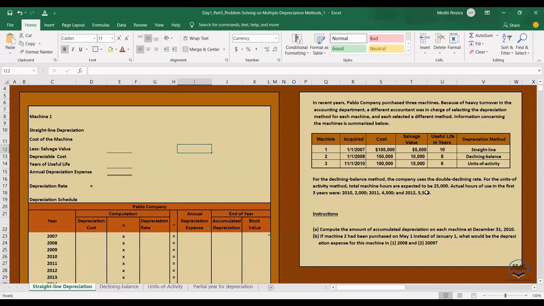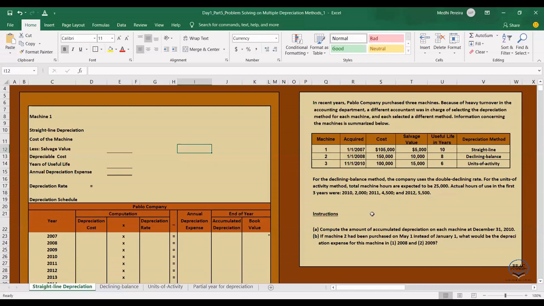So this is the useful life for machine 3, and actual hours of use in the first 3 years since it was purchased in 2010: for 2010, it is 2,000 hours; for 2011, it is 4,500 hours; and for 2012, it is 5,500 hours.